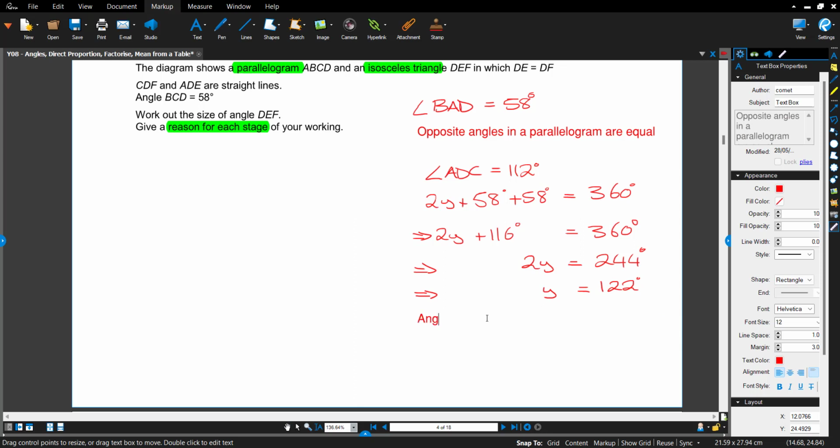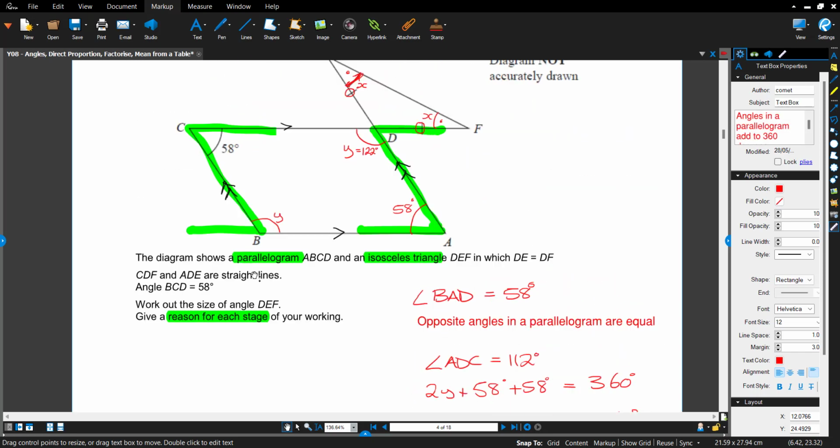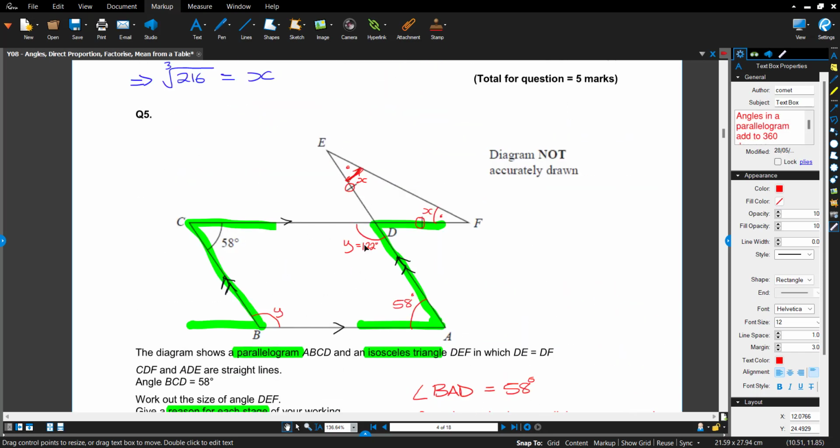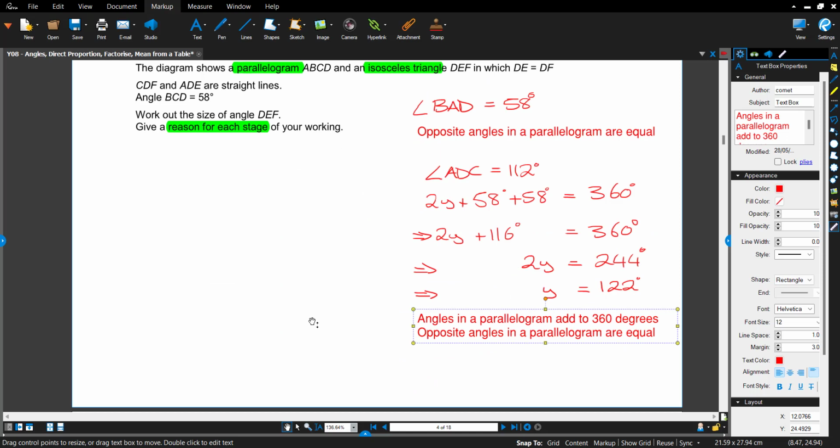Oh, angles in a parallelogram add to 360 degrees. And then we just divided by 2, didn't we? So we got 2y because we knew that the opposite angles are equal. So that's why we had 2y. And opposite angles in a parallelogram are equal. So they add to 360 and we know that those two are equal, so we divided by 2. Right. You mightn't necessarily have to put that second bit in.